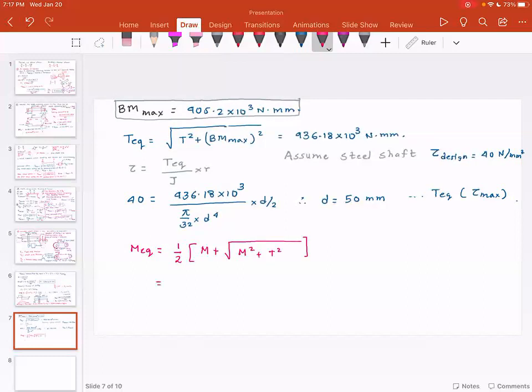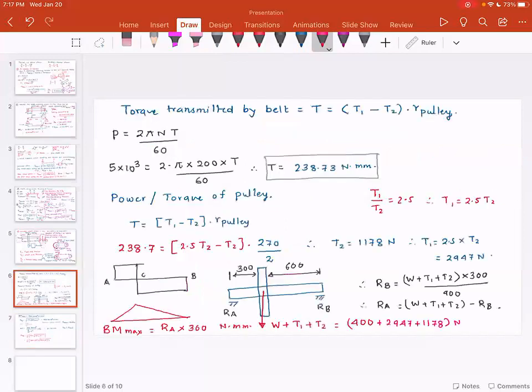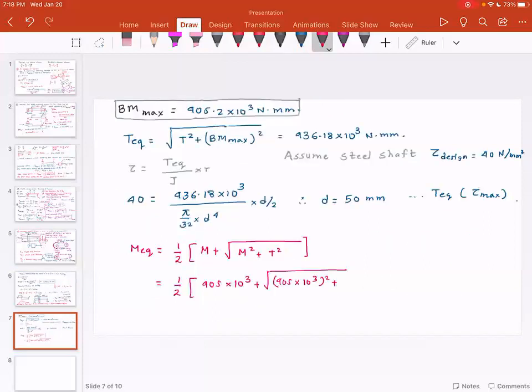We know the value of M, which is 905 times 10 to the power 3, plus square root of (905 times 10 to the power 3) square plus 238.73 square.